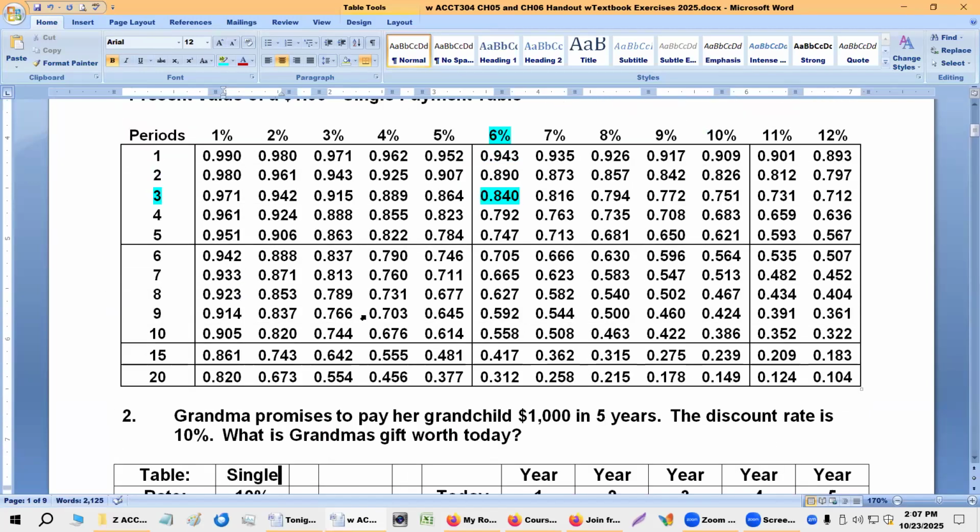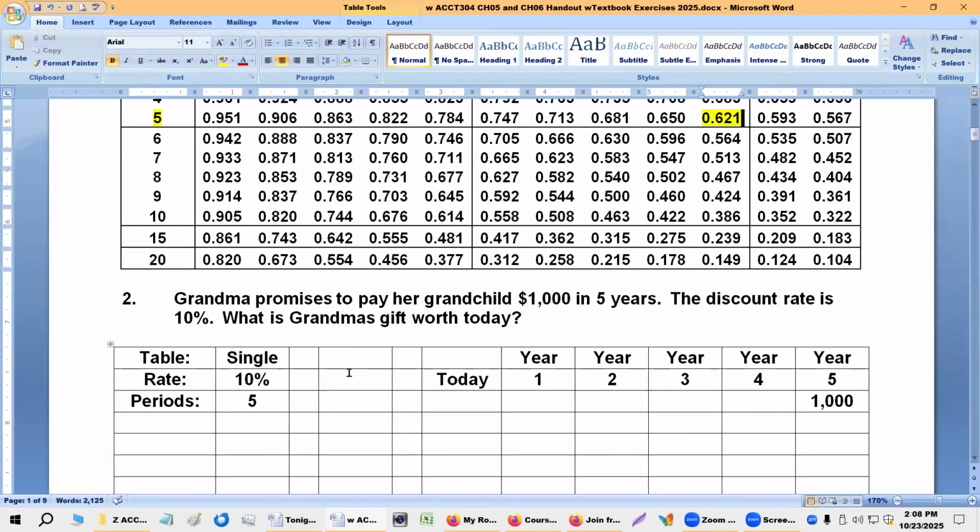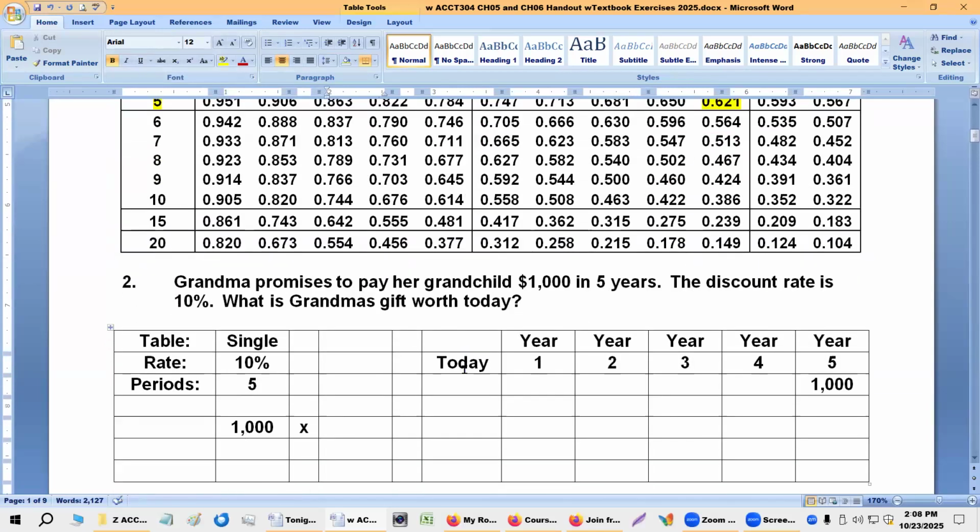Okay, so we're going to go back to our table. 10% for 5 periods. So 621. And so that's in today's dollars.